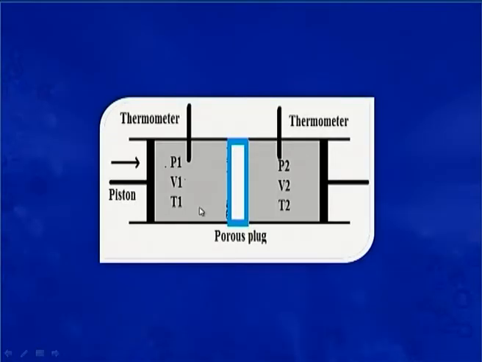This is the Joule-Thomson effect. The temperature T2 is less than T1. It indicates that some work is done against the force of attraction between the molecules.